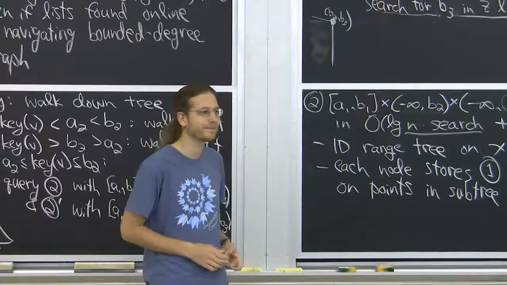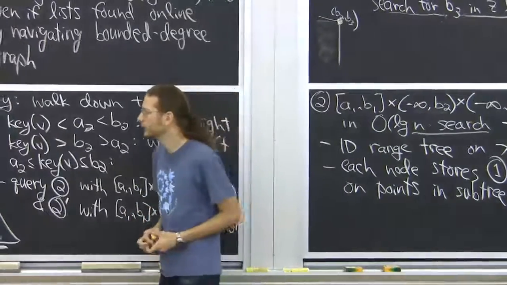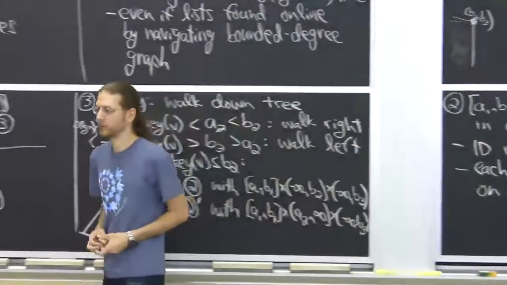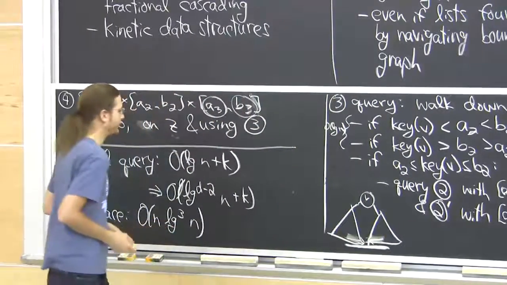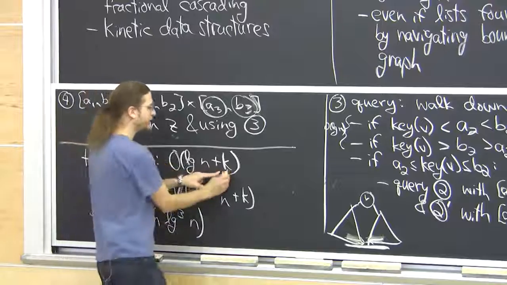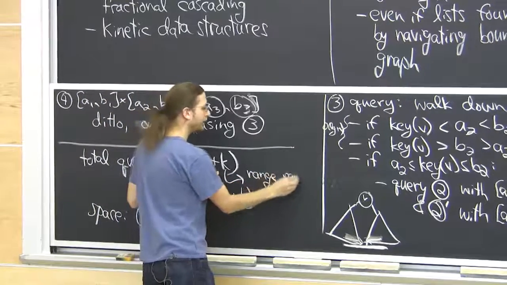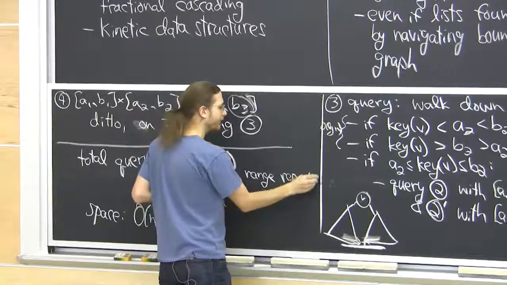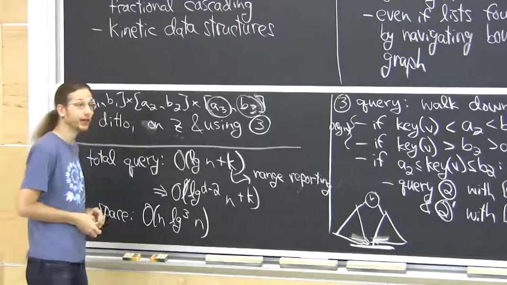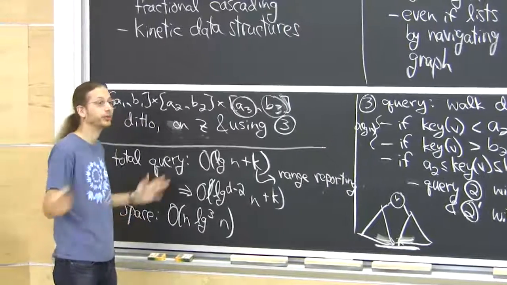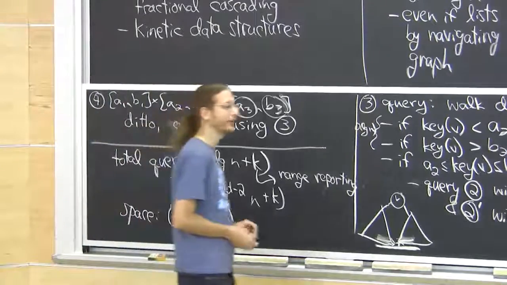Yeah? When our query is log n plus k, k is actually the number of points that are coming back. This is for what we call range reporting, where you really want to list everybody in there. If you wanted to do range counting queries, which just give me the number of elements that match, I don't think this will work.